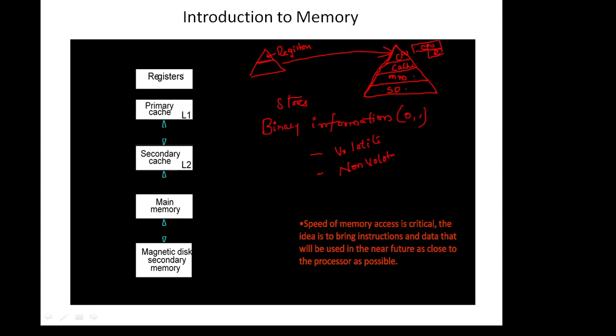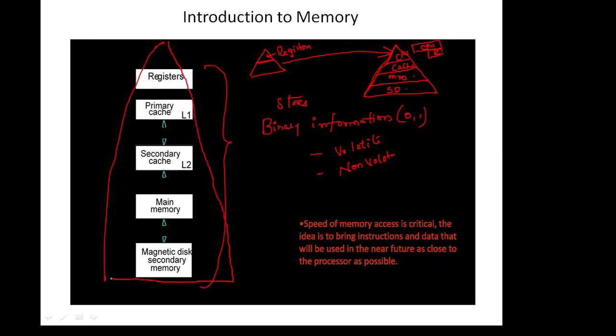This is the hierarchy, as shown here. In this hierarchy, we have registers on the top, in the sense of the CPU, where some amount of space is allocated for registers.